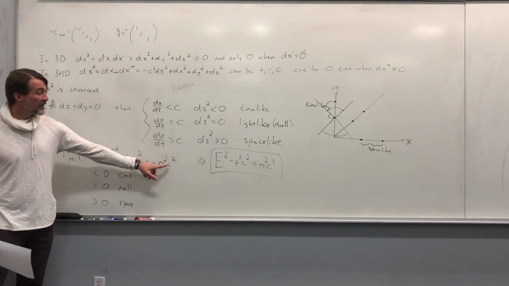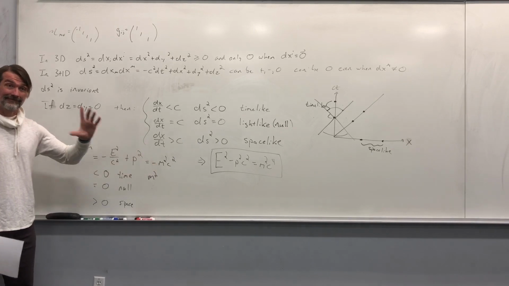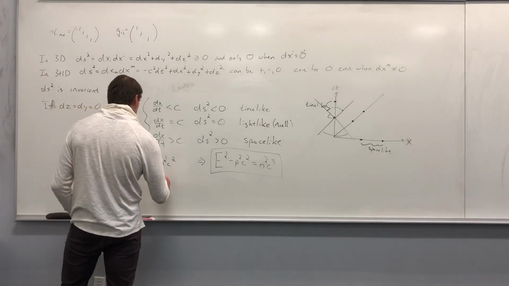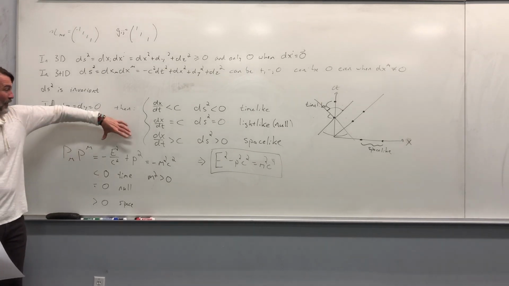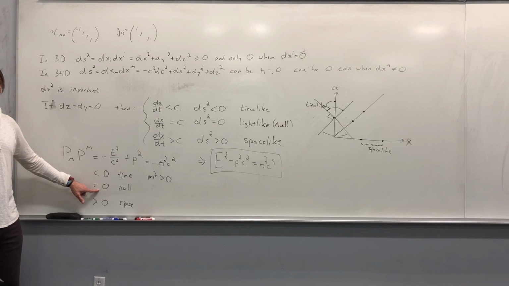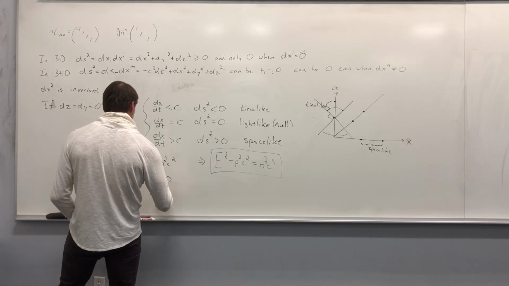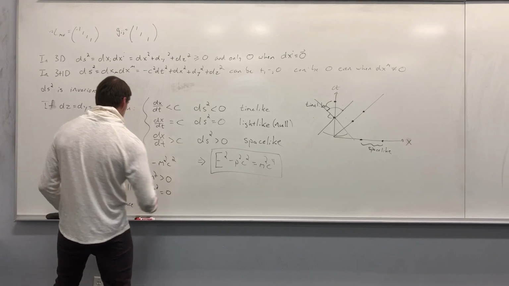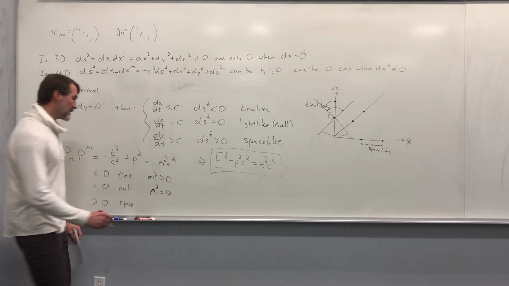It's positive, because this is a positive number. If this is a positive number, the right-hand side is negative. Okay? This is positive. What if the left-hand side is 0? Then m squared is 0. Oh, wait. What if it's positive? That would be negative.